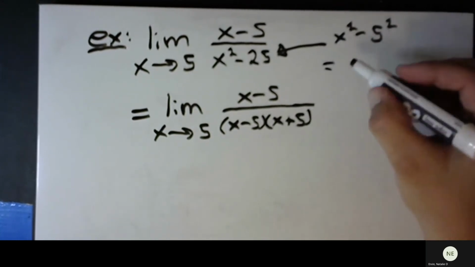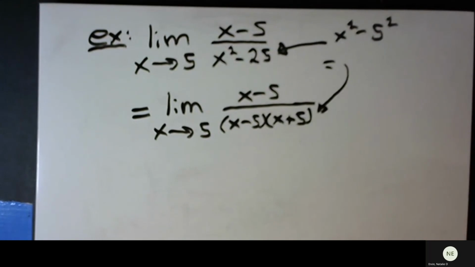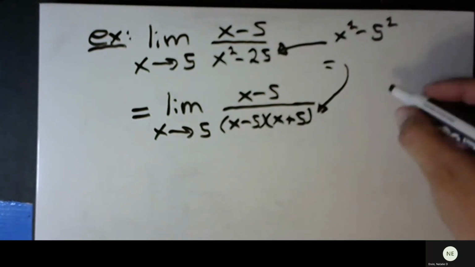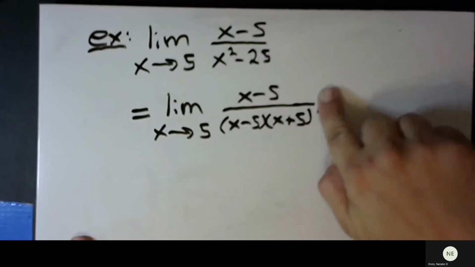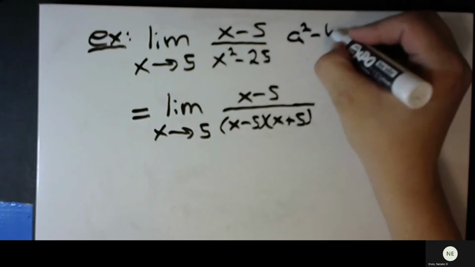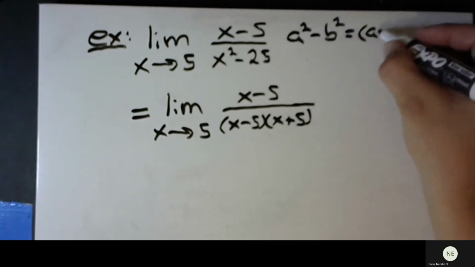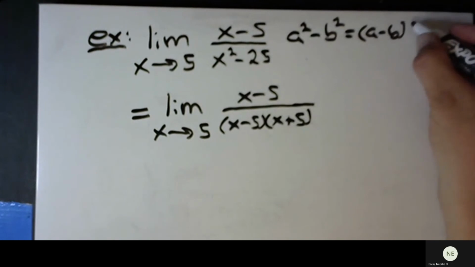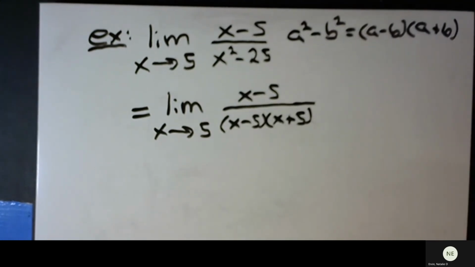And that's going to be equal to what we have down here. Or to put it another way, a squared minus b squared is a minus b, a plus b. So there you go. Again, what are those things from algebra?